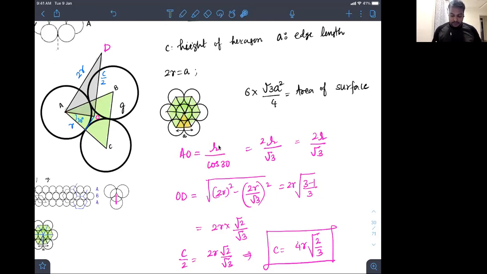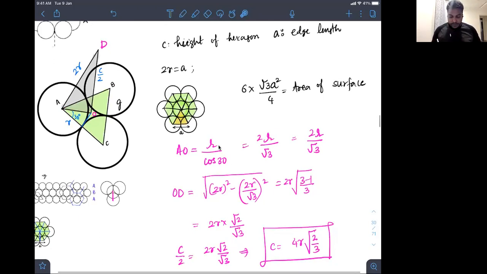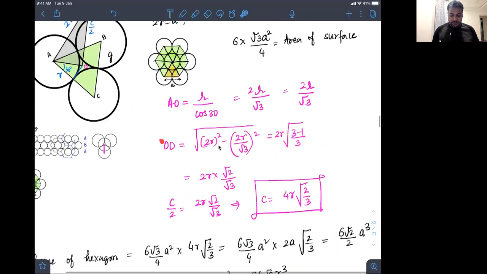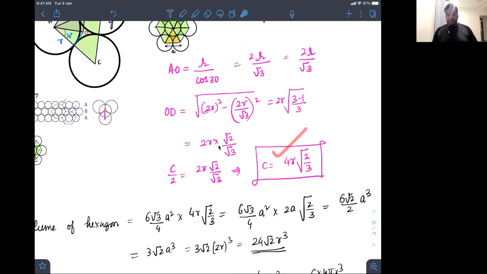Cos 30 is equal to root 3 by 2, so I'll get this as 2r by root 3. So this distance is 2r by root 3, and this distance is 2r. Now we can calculate OD using the Pythagoras theorem. So OD is equal to the square root of (2r) whole square minus (2r by root 3) whole square. When you calculate that, you will get the OD value as 2r root 2 by root 3.